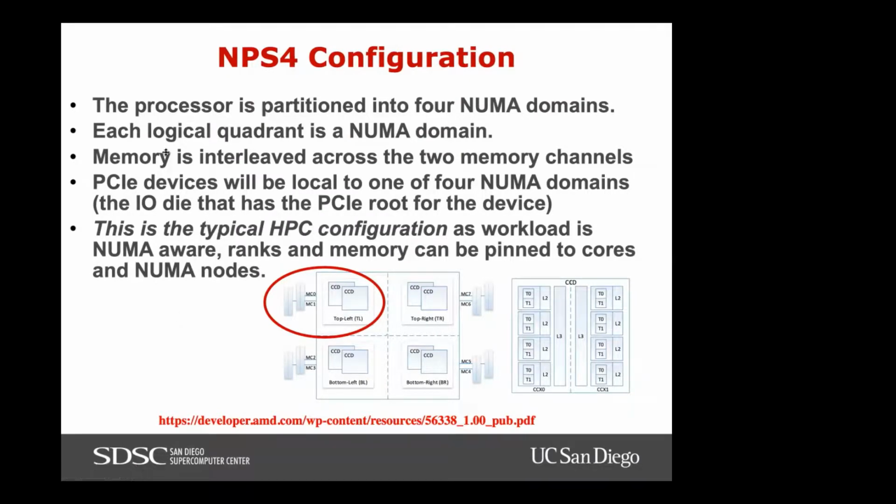So in the NPS 4, basically it's 4 quadrants, and so you have 2 CCDs in each. So that's 16 cores in each of the quadrants. And the memory, there are 2 memory channels associated with that. And your network card will be on one of these quadrants. Actually, one of the chips will have one of the quadrants with the PCIe route for the network device.